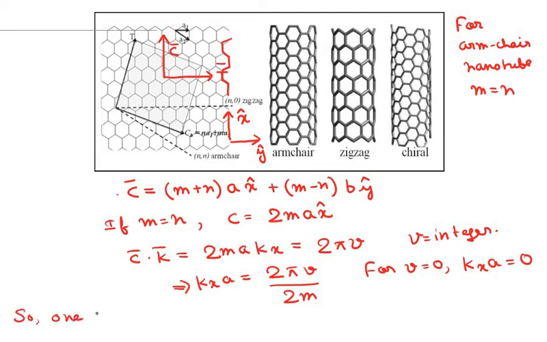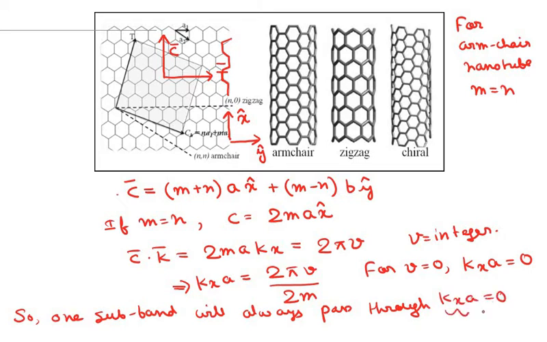So one subband will always pass through kx a equal to 0, and this is exactly the point at which there is no band gap for the carbon nanosheet. Of course you also have ky b equal to plus minus pi by 3, but note that this equation gives no constraint on ky, so ky can take any value.